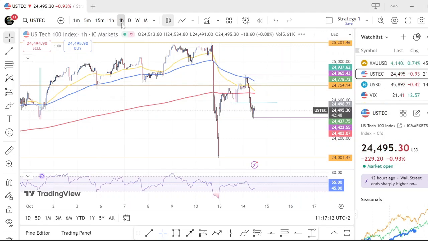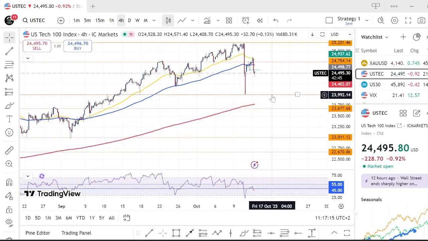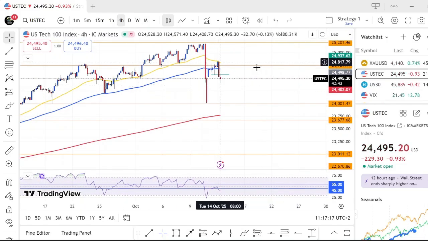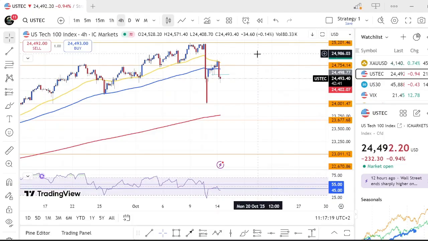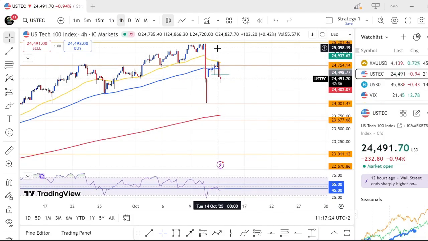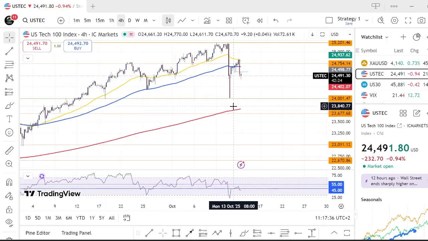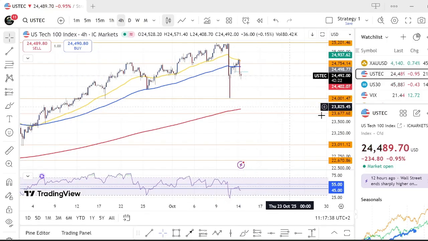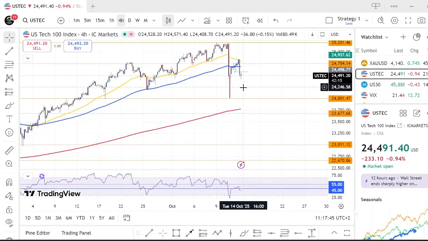On the 4-hour chart, taking a look there, we seemingly tapped that pivot level at 24,750 before a strong move to the downside, which actually reiterates the bearish tone that stepped in on Friday after the massive sell-off to the downside, which broke all bullish structural levels and seemingly found support at the 24,000 mark.